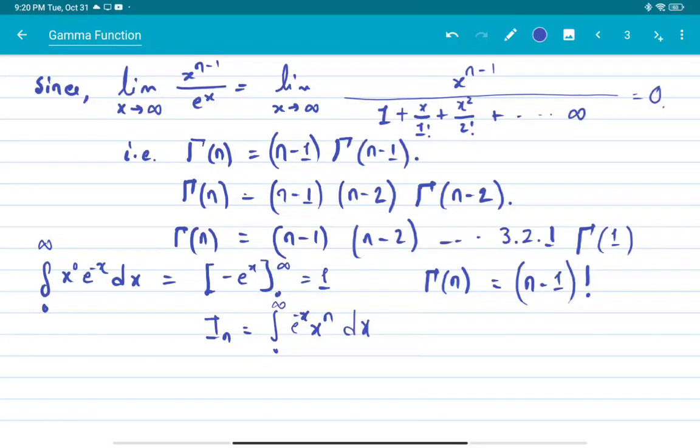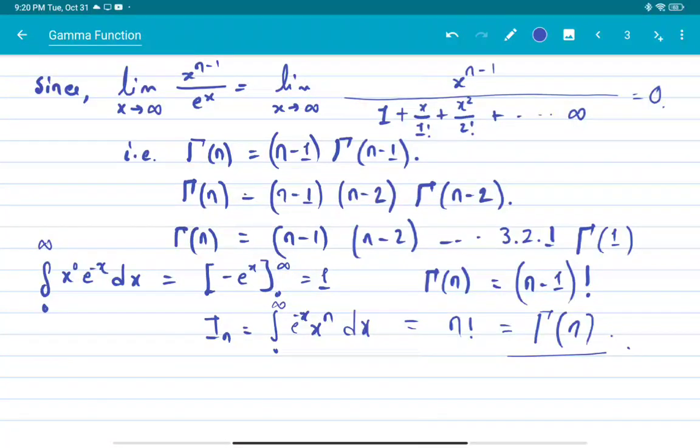I guess this is n factorial. So how to derive it? I am leaving this to you, so try to derive this.